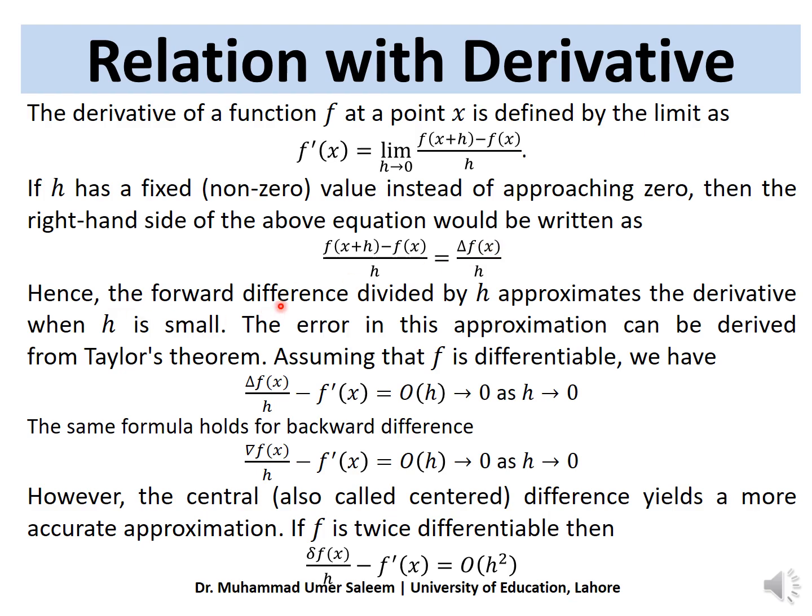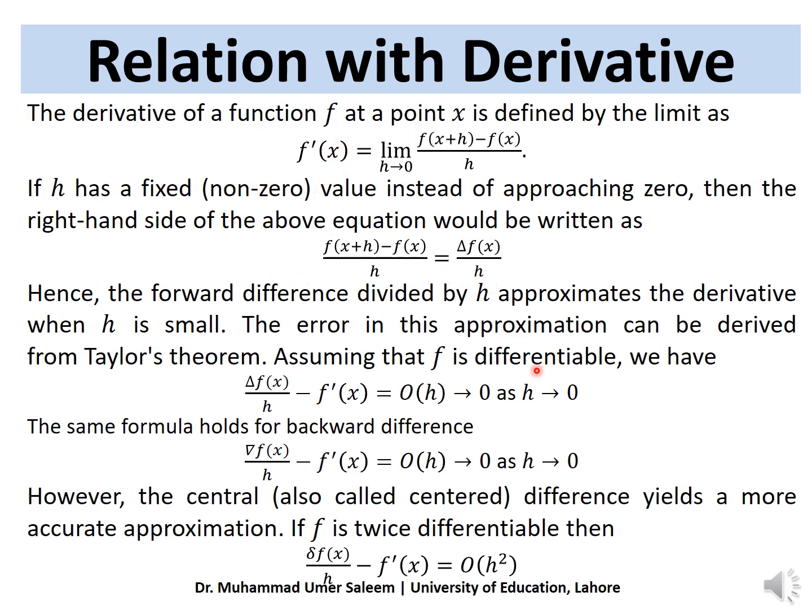So hence the forward difference divided by h approximates the derivative, in which case h is small, because we removed that limit from the definition. So for small h, this forward difference divided by h will approximate the derivative of the function.